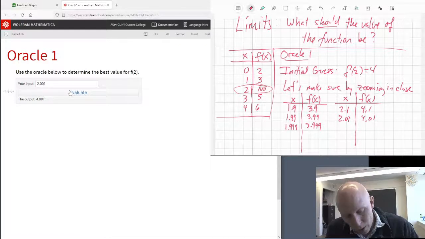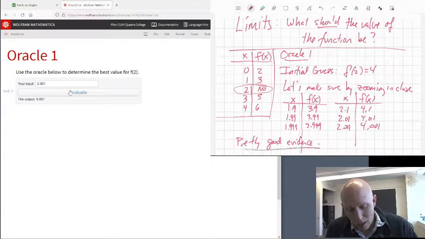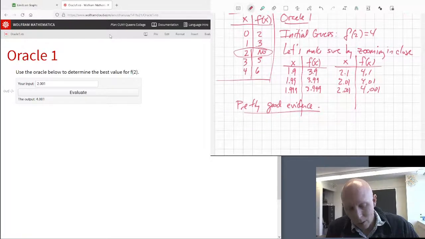We get 4.001. So it looks like the closer and closer we get to 2, the closer and closer the function value gets to 4. So this is pretty good evidence. Alright, let's go on to the next oracle.